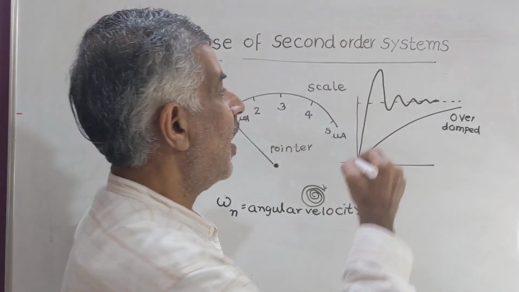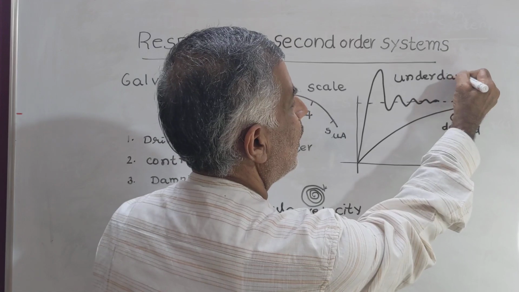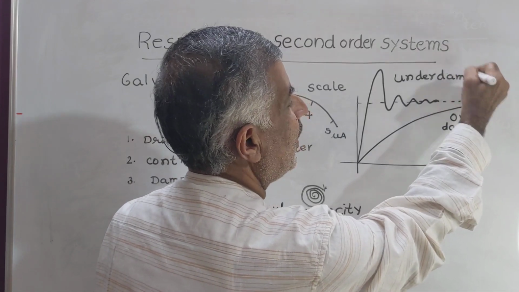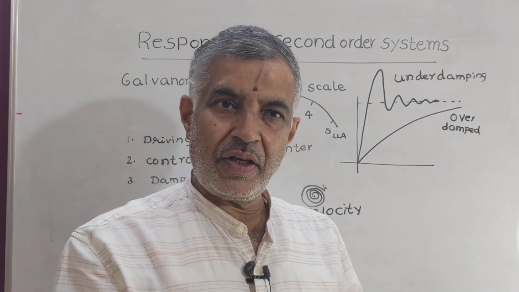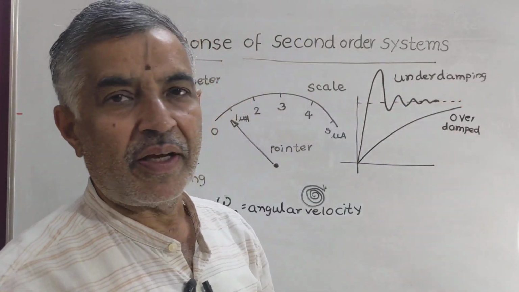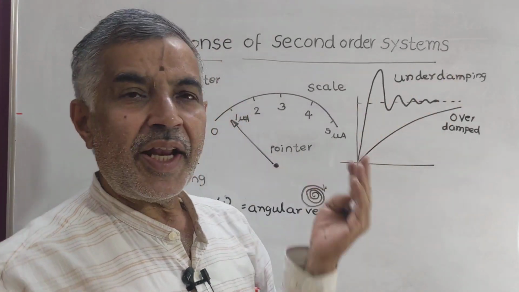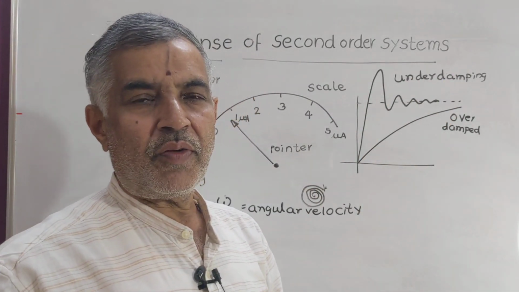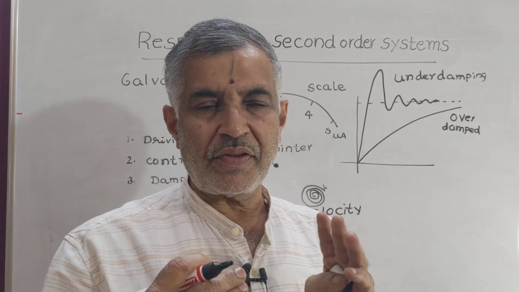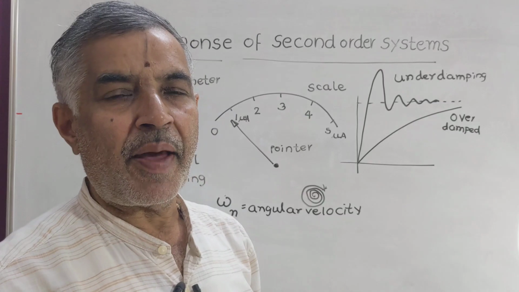This is what is called underdamping, that is, damping in a lesser proportion. Overdamping means excess. Underdamping means shortage. The damping required is not there and it is somewhat less. That is what is called underdamped.